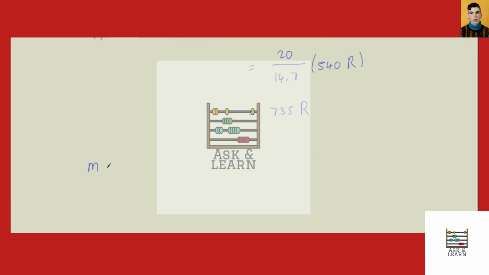Now the mass of oxygen, m, is equal to P1 times V over R T1, again using ideal gas equations.